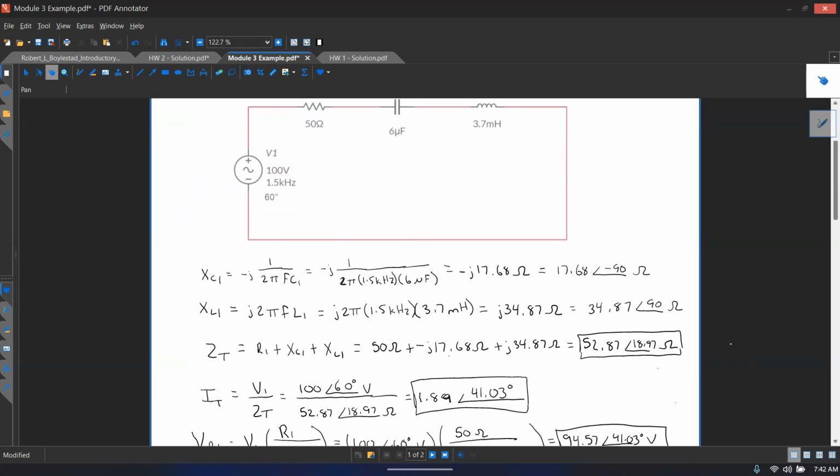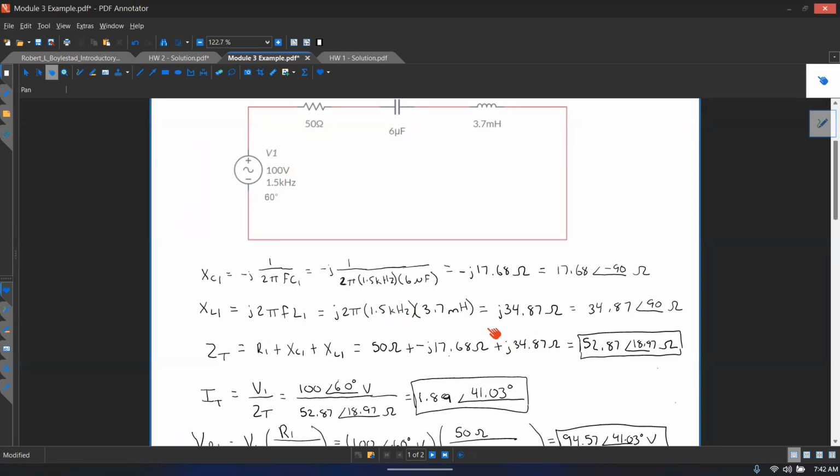All right. And so for our inductor, to find the inductive reactance, the formula is J 2 pi FL. And so we just plug and chug. So we get J 2 pi times your frequency, 1.5 kilohertz, times your inductor, which is 3.7 millihenries.